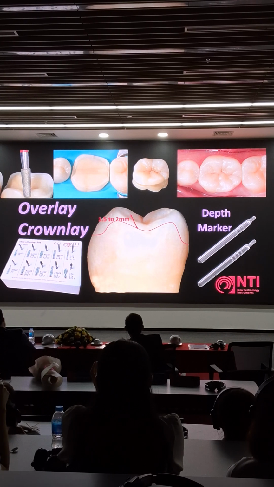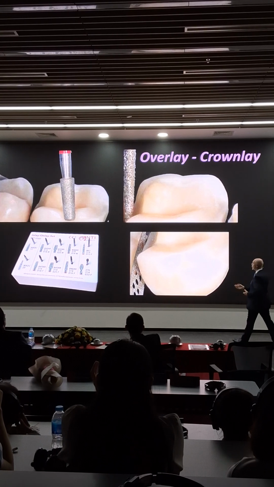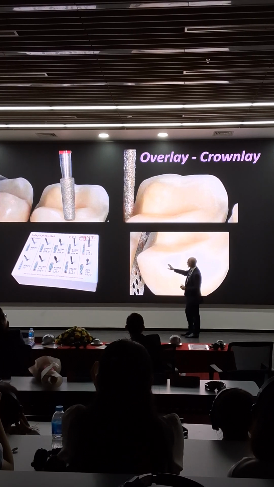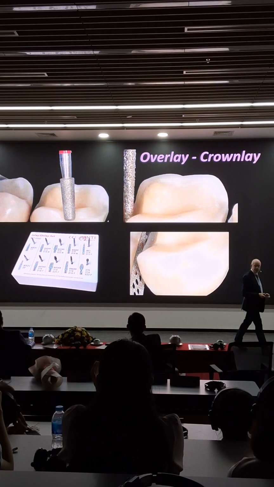Usually I do more in the vestibular. If you do just the overlay and your tooth still has contact with the adjacent tooth, important before you do your impression, you pass a small strip like that. The lab can see well the limit of your overlay.